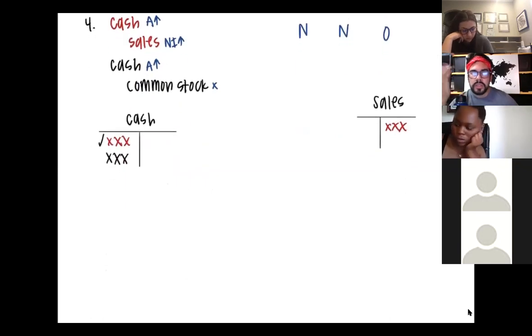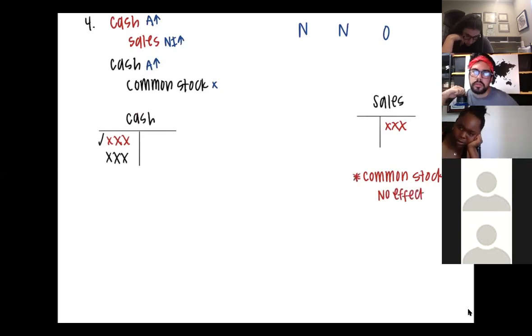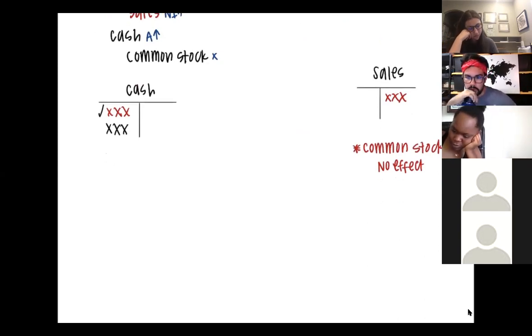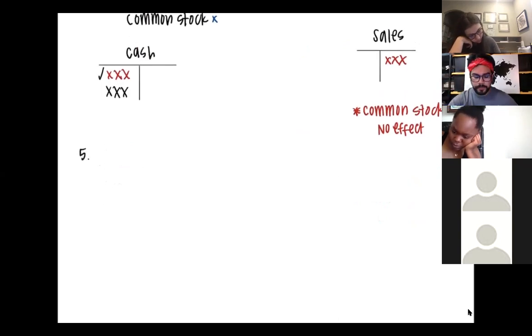However, since we did recognize some sales incorrectly, our net income will be overstated. Okay, I thought it affected net income and that way the sales and the common stock balance.